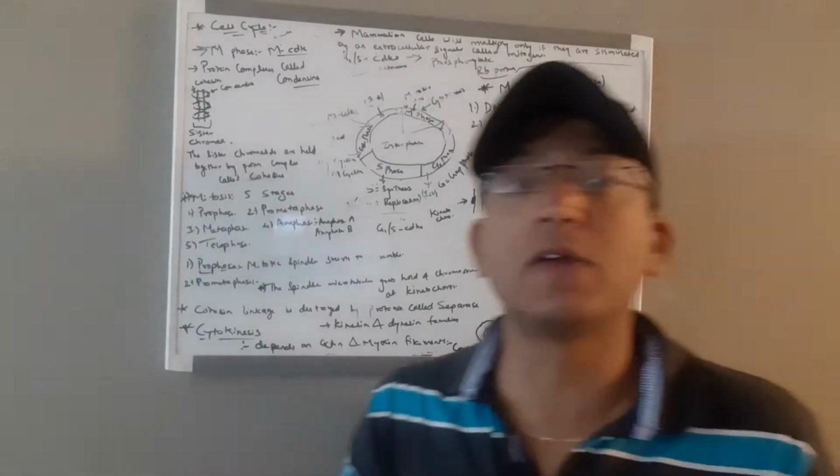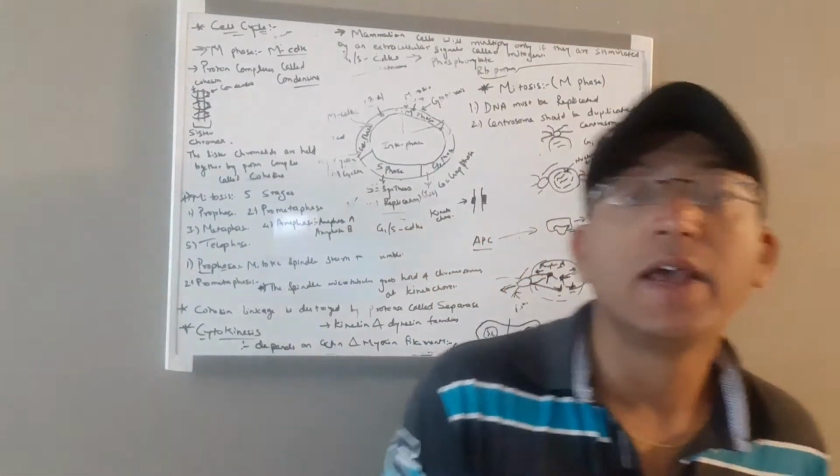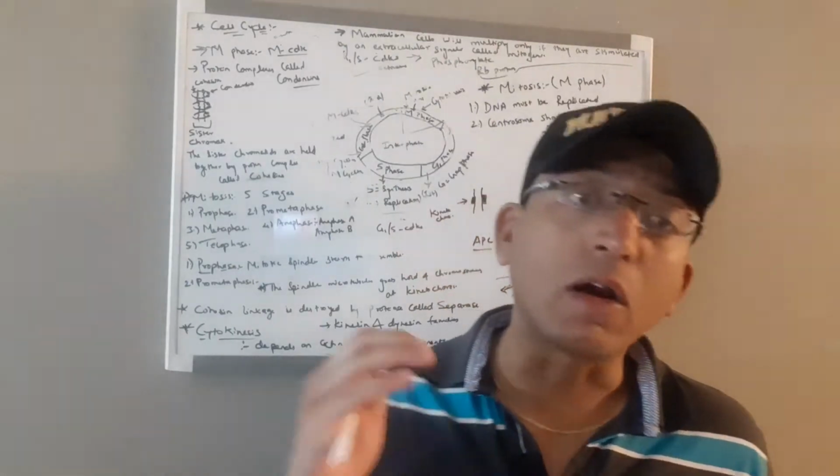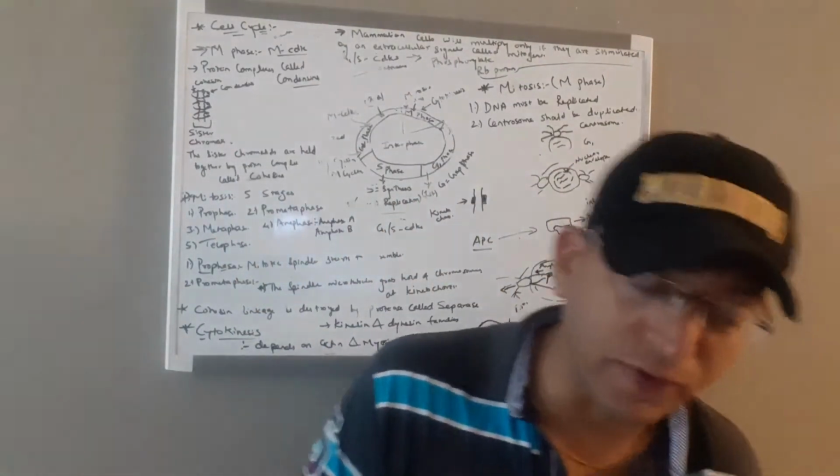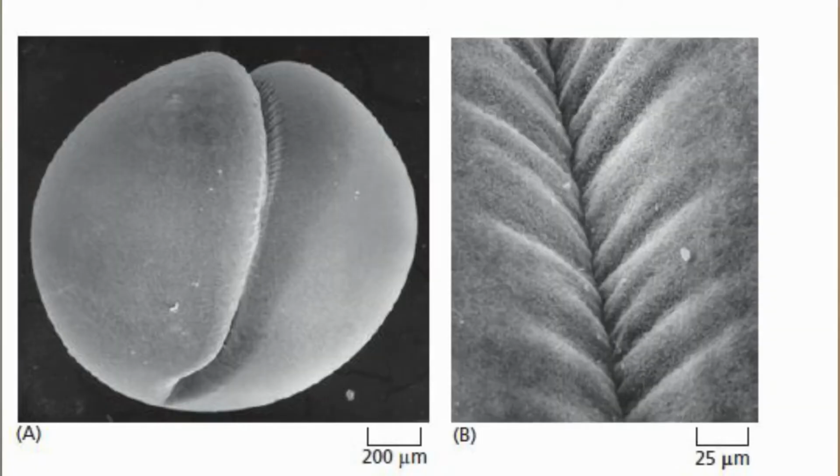The first visible sign of cytokinesis in an animal cell is a puckering and furrowing of the plasma membrane that occurs during anaphase. You are seeing a picture, an electron micrograph of a frog cell, and the line shows the furrowing of cytokinesis.